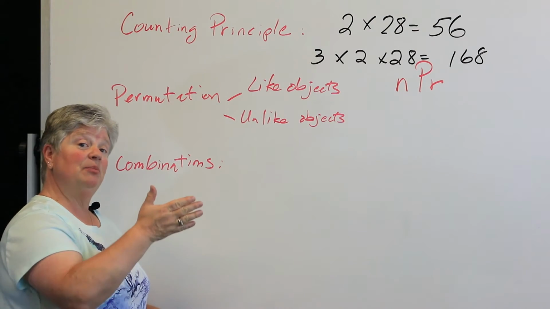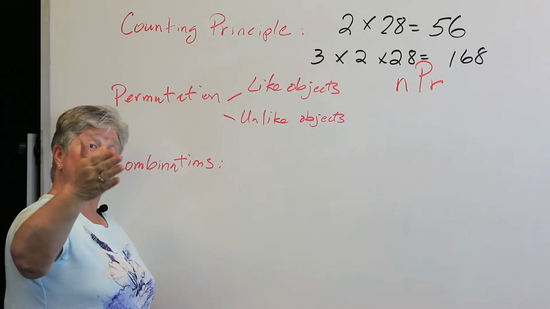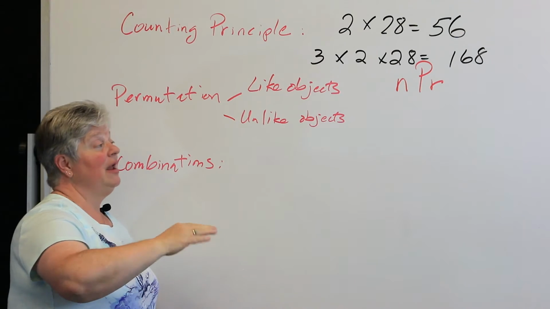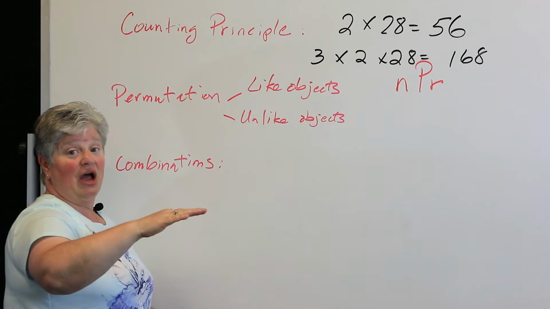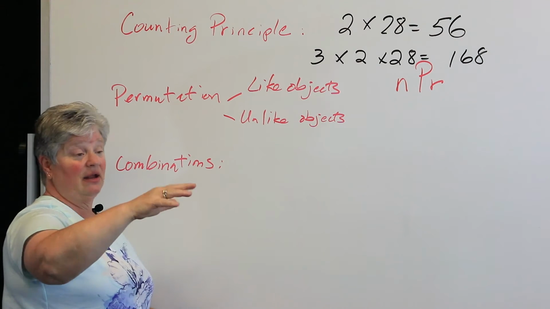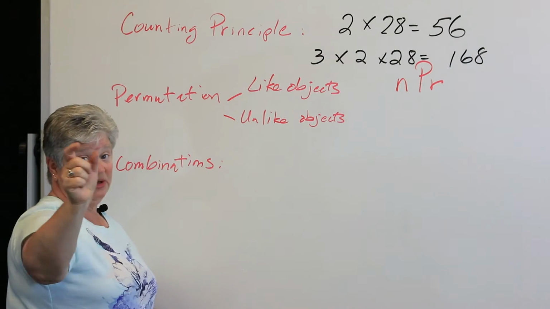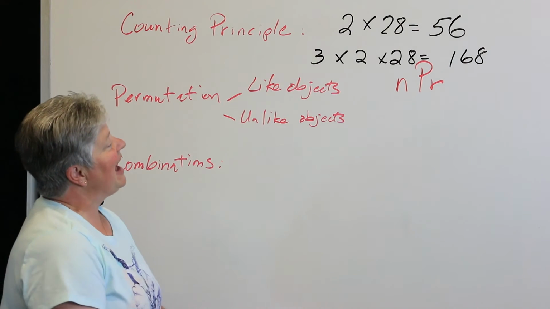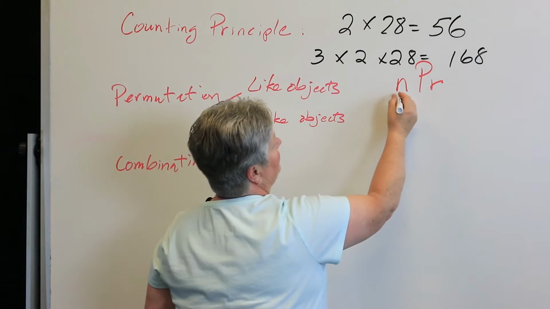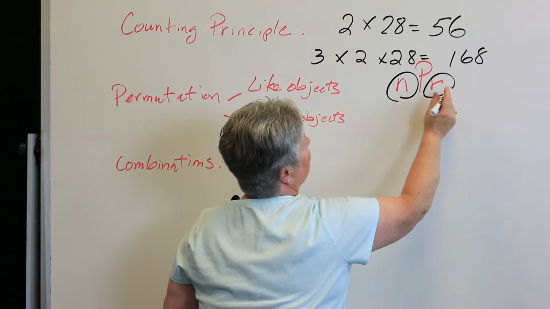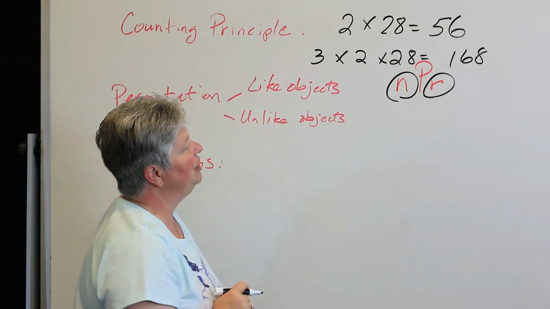That's a permutation, because each of those bicycles can be distinguished from the other, and we're saying there are no ties. Each place has its own particular spot.